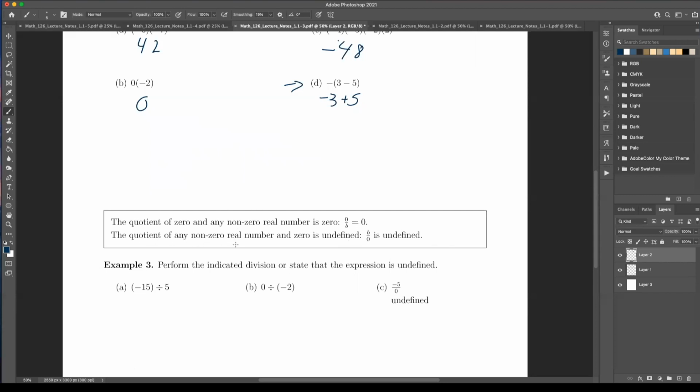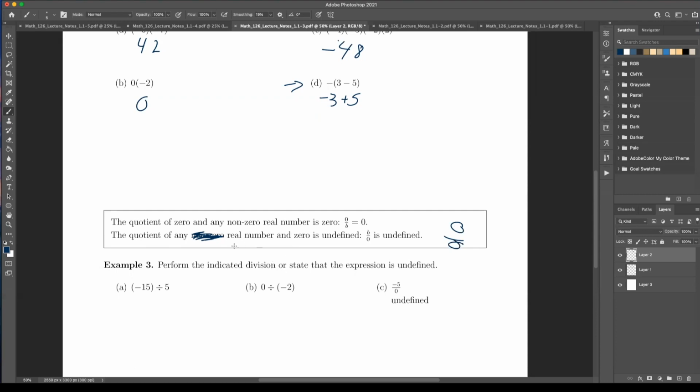A quotient of 0 and any non-zero number is... you know what, for this class, get rid of this non-zero. Of any real number, because 0 over 0 is undefined for you guys as well. It just is, right? So I don't need the non-zero part.